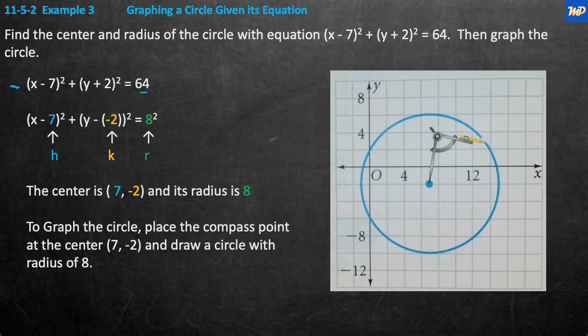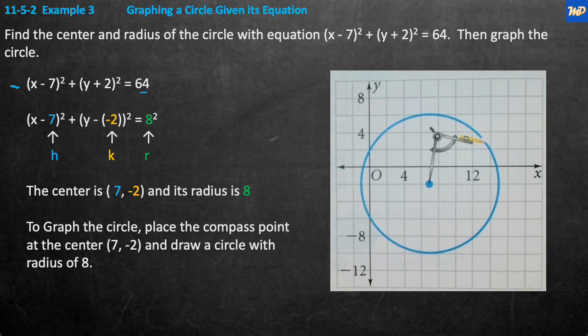So we look at these values: the h value is the 7 right here, and the k is the -2. And 8 is the radius, the square root of 64. The h is the x term, the k is the y term, and we know the radius. So the center is (7, -2) with a radius of 8.